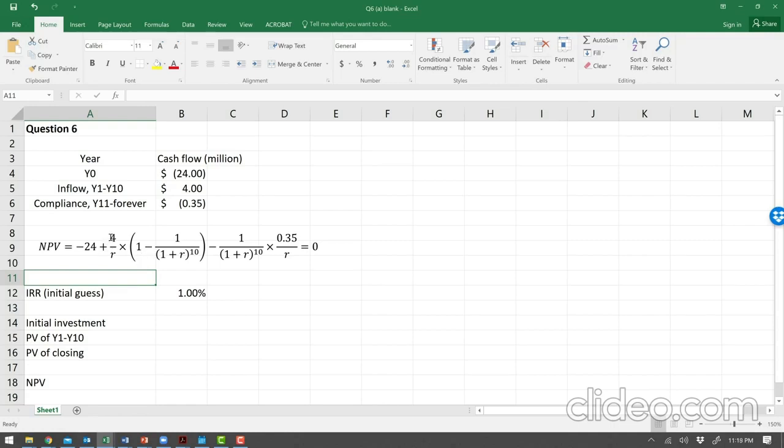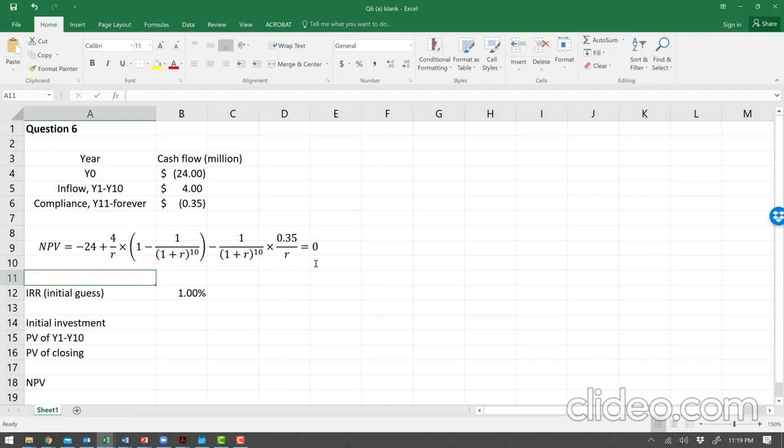This is a simple annuity that pays 4 million each year for 10 years. The last term captures compliance costs. It is a perpetuity that starts in year 11. We can use the perpetuity formula to find its value in year 10, which is 0.35 divided by R, and then we discount this value to present.